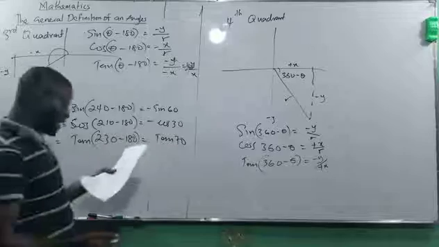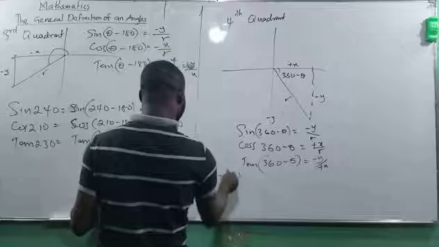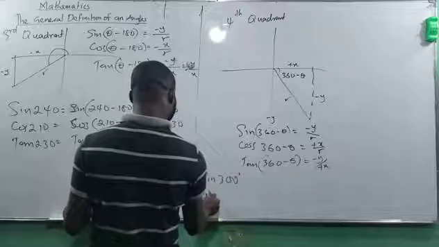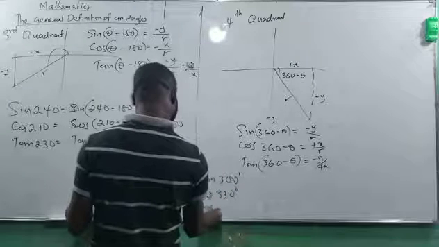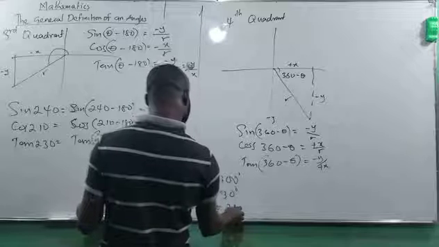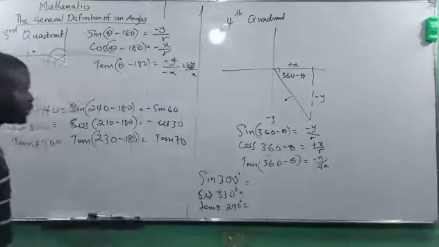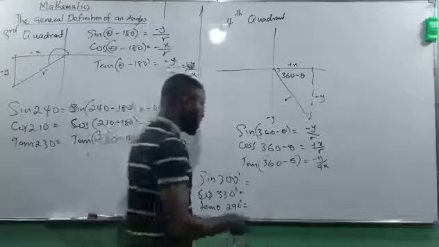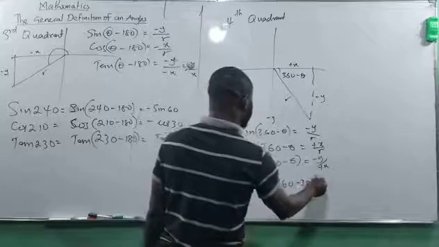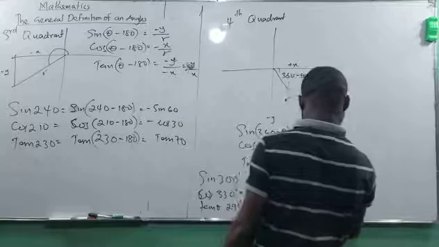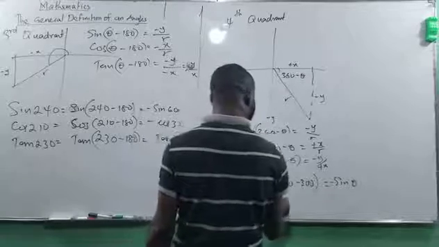Now, what are the angles that are embedded here? We have sine 300 degrees, cos 330 degrees, and tan 290 degrees. Now, all these are in this particular area. You will do the same thing. It means 360 minus theta. Sine 360 minus 300 is going to be minus sine 60.